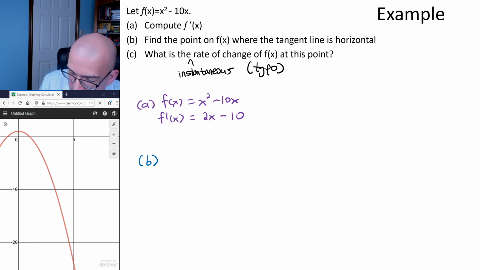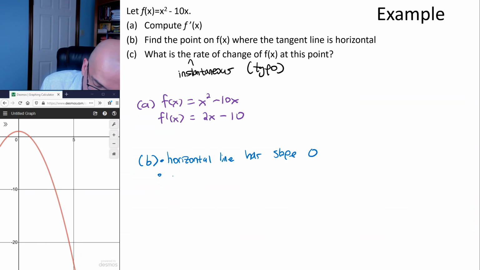Okay, part B. What is the point on f of x where the tangent line is horizontal? This needs to be unpacked. Where is the tangent line horizontal? What does that mean? A horizontal line has slope 0.